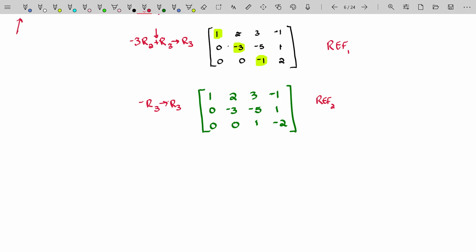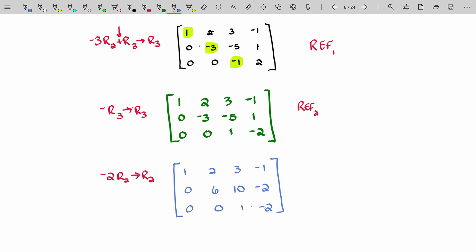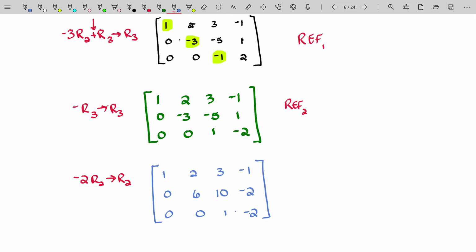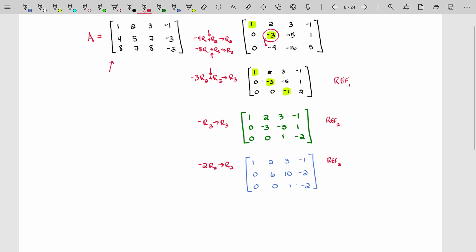What if I wanted to multiply row 2 by, I don't care, let's say a -2. Notice those three matrices do not look identical, so they're not the same matrices. However, they are row equivalent because all I did was use a row operation to move between them. But these are all in echelon form. These are all row echelon forms of the matrix A.